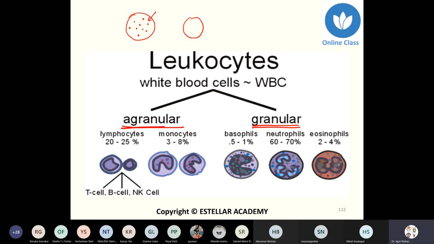Granular leukocytes have granules in the cytoplasm. Agranular have absence of granules. Under granular, there are three types: basophil, neutrophil, and eosinophil. Under agranular, you find lymphocytes and monocytes.